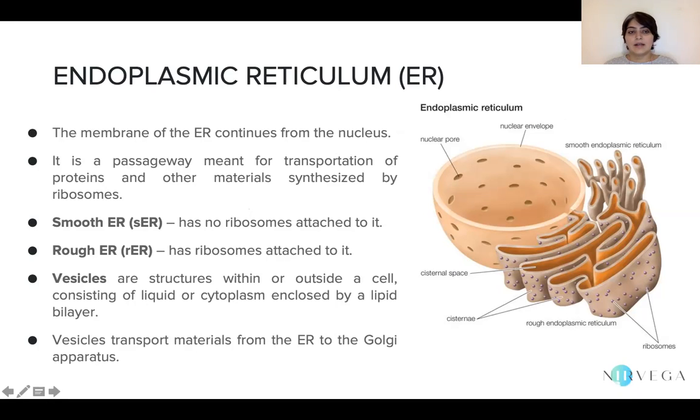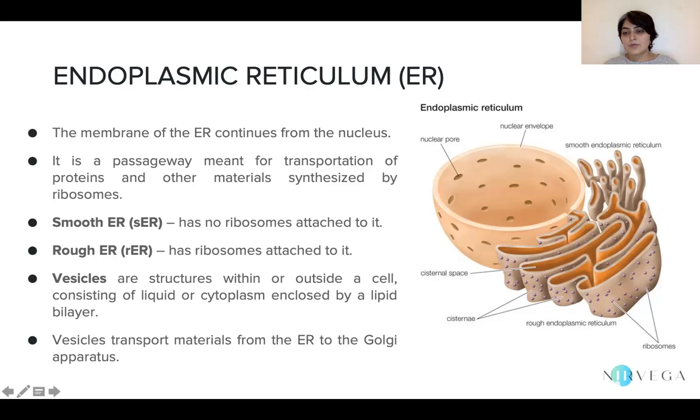Now, what is the endoplasmic reticulum? Endoplasmic, endo inside, plasmic fluid, reticulum, reticular is basically like a network of tubes. So the endoplasmic reticulum is basically a passageway. It is meant for transportation of certain items. Now, when the ribosome comes out of the nucleus, as you can see, the membrane of the endoplasmic reticulum continues from the nuclear envelope.